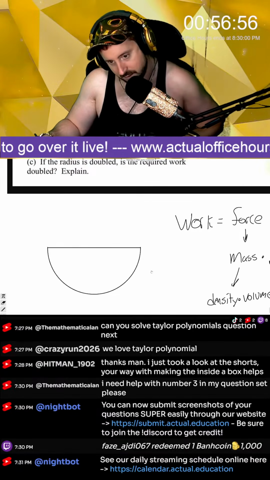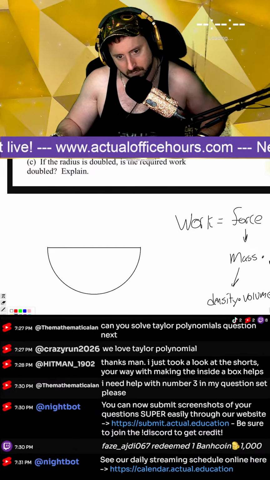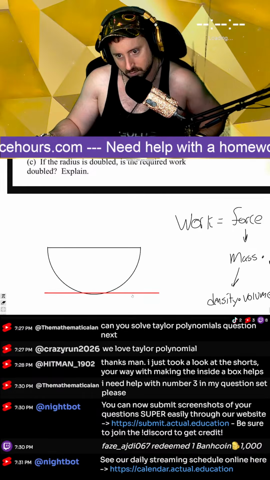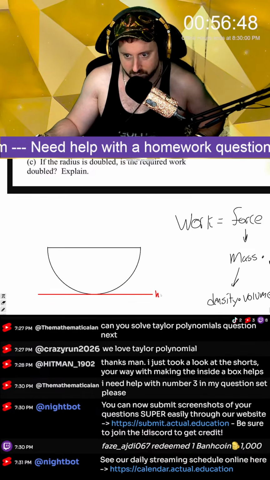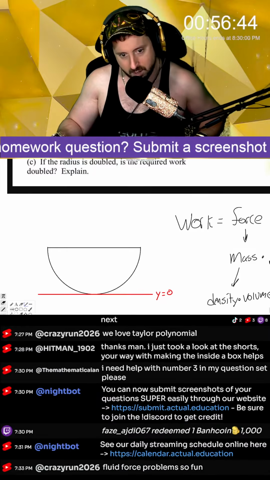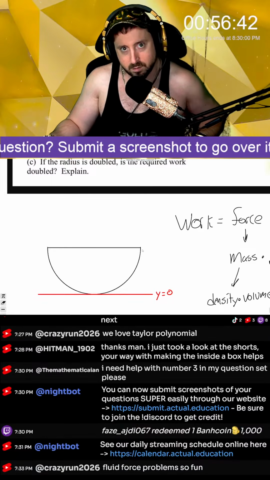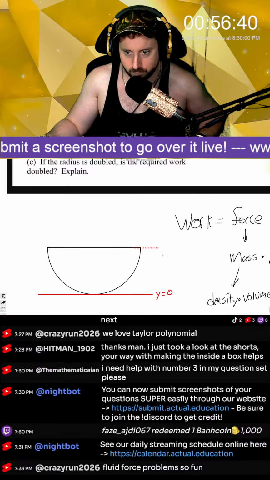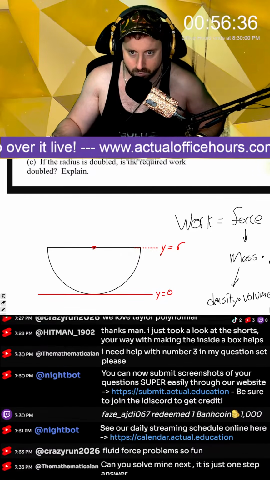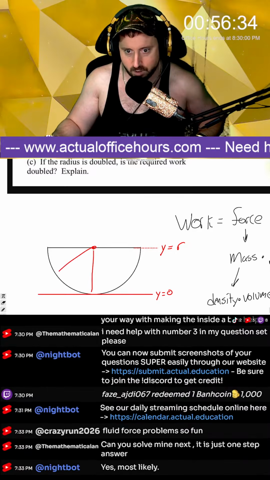So down here we're going to say this is y equals 0, and then up here, this is y is equal to r, because we know the radius of this trough is equal to r.